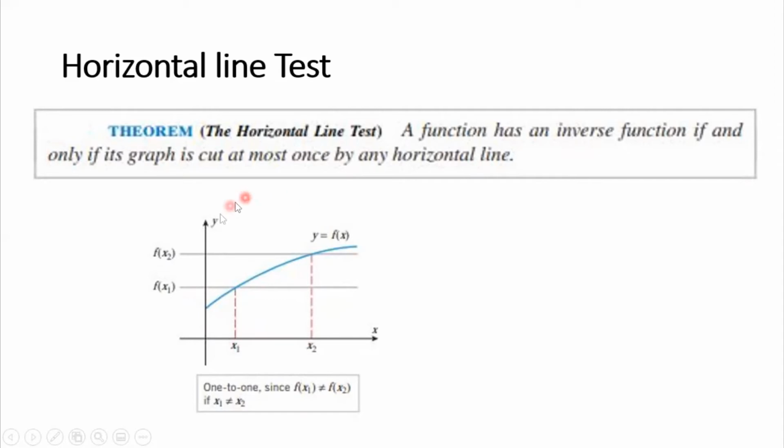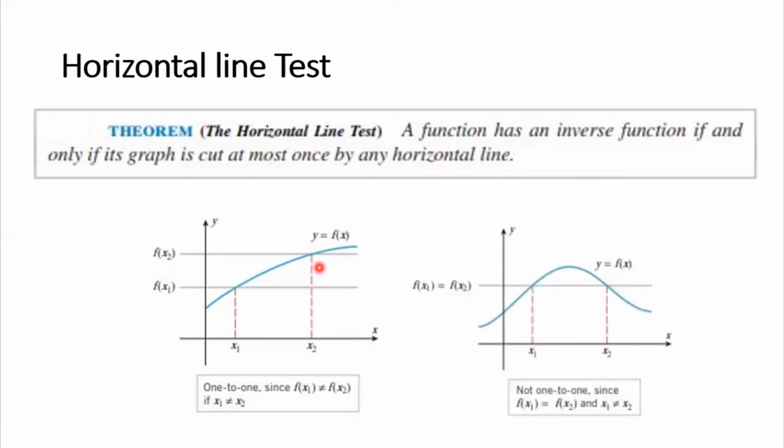So this graph is an example of a one-to-one function. And using the horizontal line test, the horizontal line intersects only once any part of the graph.